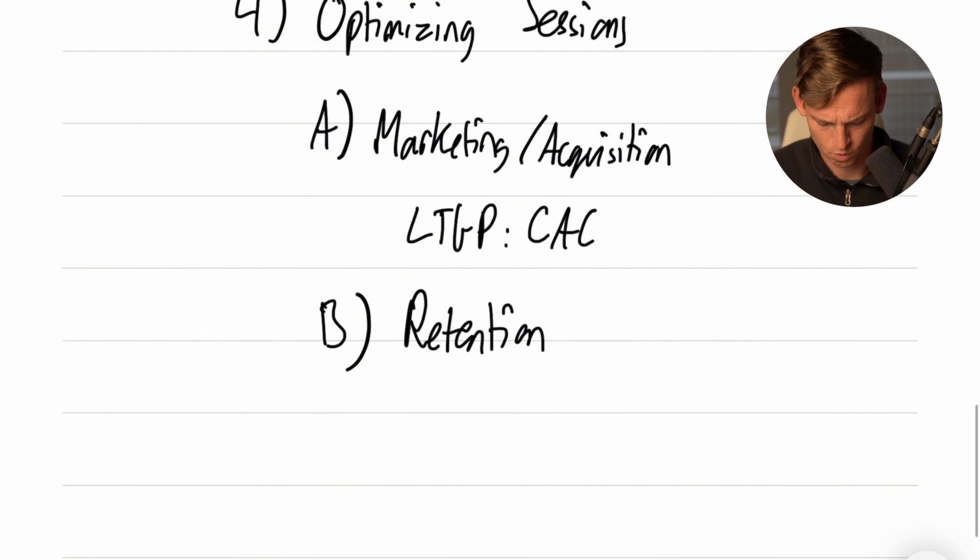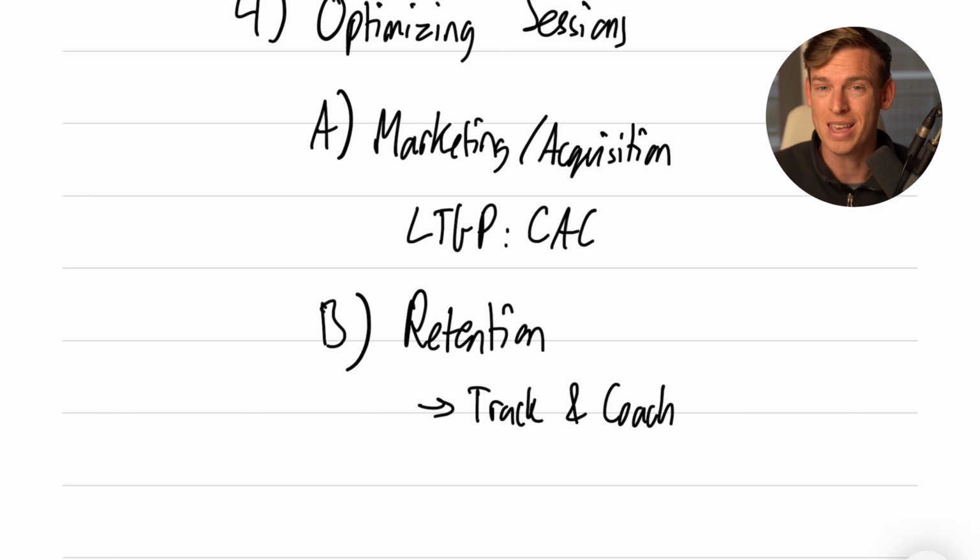So one of the ways that you can directly add more profit to the business is you can help to optimize your clinicians' behavior, ability, and skill sets towards better outcomes for clients and for retention. So we want to say, let's say, track and coach. And if you can do this consistently, you can add tons and tons of money to the practice, right?